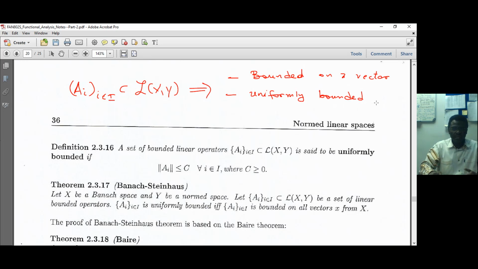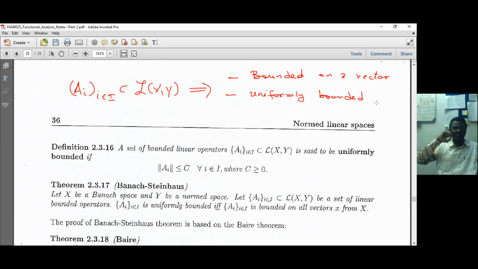To be bounded on a vector means that I take all the operators of the family applied to that vector. If I take the norm, it's finite, less than a constant that depends on X, for any I in the family.